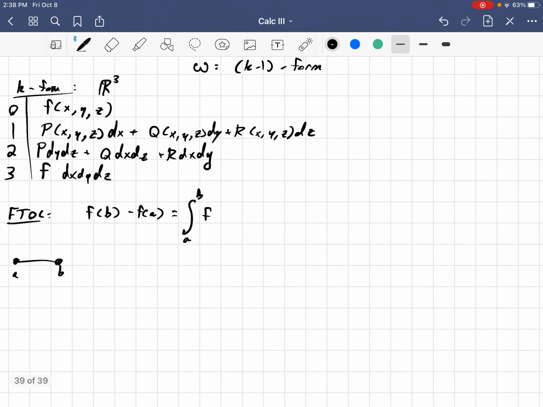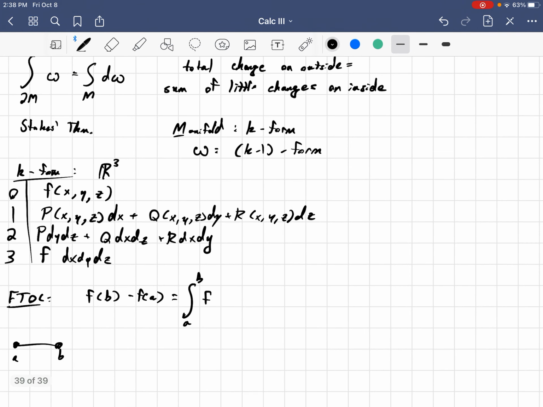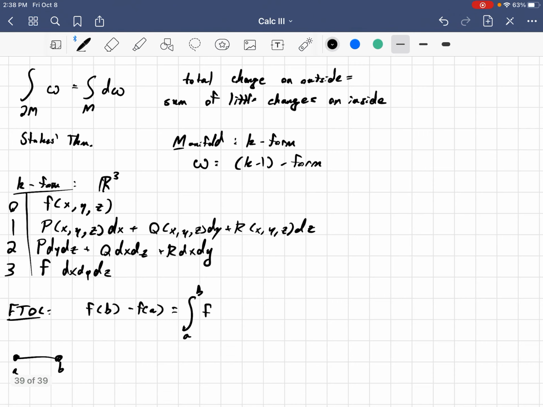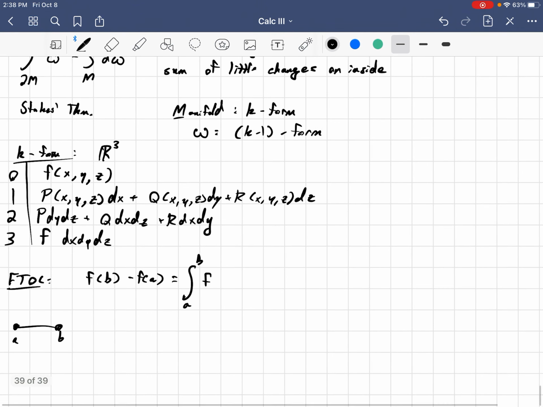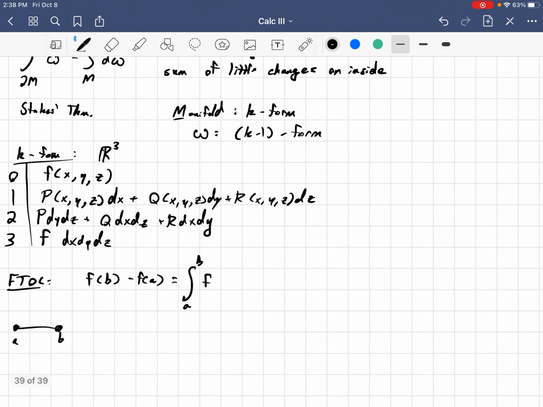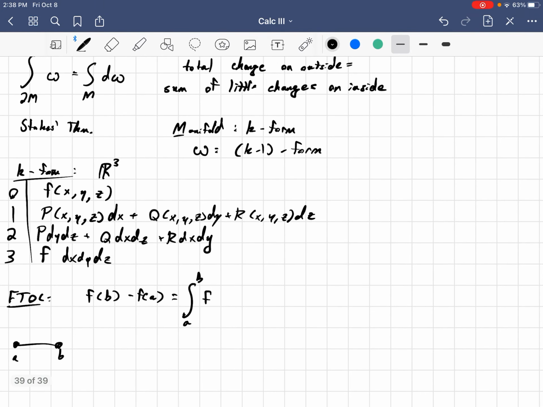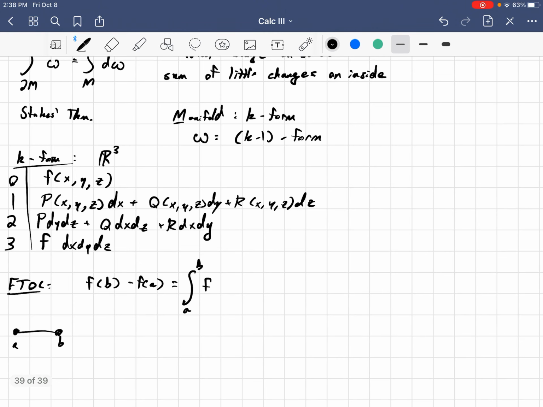Now, if we're thinking about this more in the language of Stokes' theorem, what we would say is that we'd be considering a zero form in R1. So when we have a zero form in R1, applying Stokes' theorem, the boundary of the manifold is just the endpoints, right? Because we're dealing in this line segment here. So that's the integral from A to B of this zero form in R1.